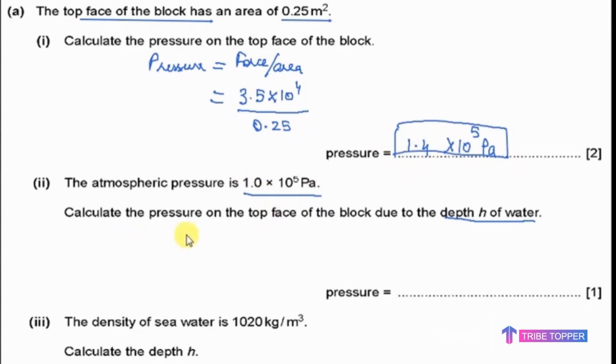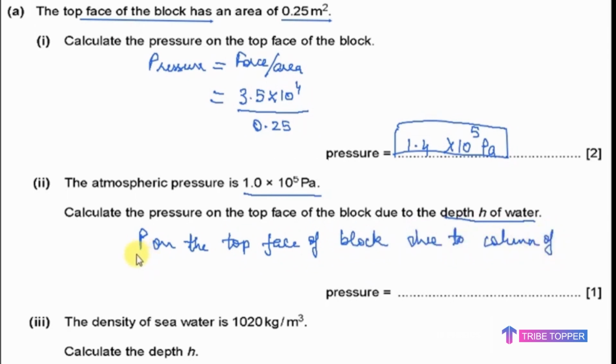So we would say the pressure on the top face of the block, due to the liquid column, or due to the column of water, is just equal to the total pressure that we calculated, 1.4 times 10 to the power 5.